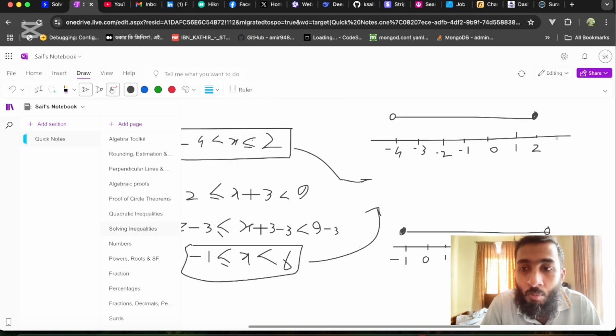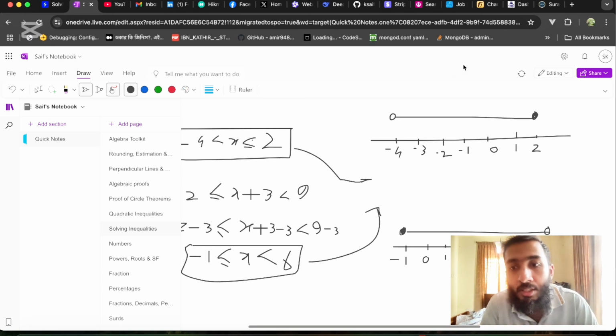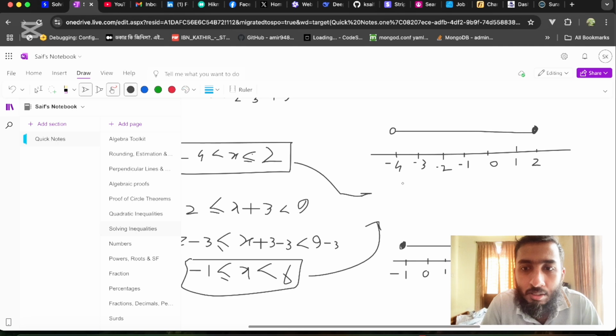So what is the common overlap of these two inequalities? This involves minus 4, minus 3, minus 2, minus 1, 0, 1, 2. Minus 4 is excluded because minus 4 is less than x. So all the possible values of this inequality are minus 3, minus 2, minus 1, 0, 1, 2.